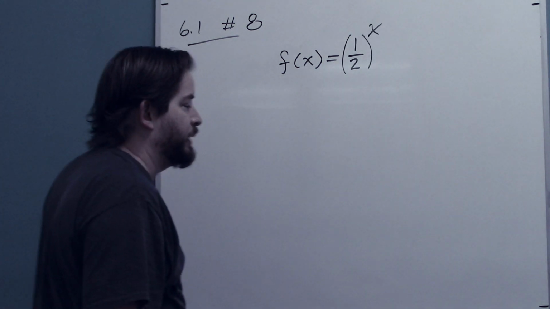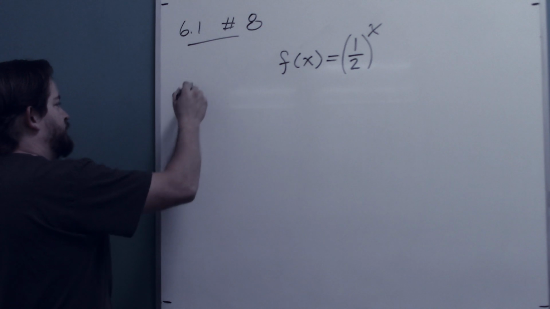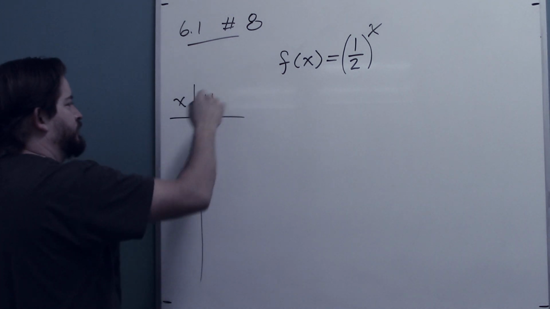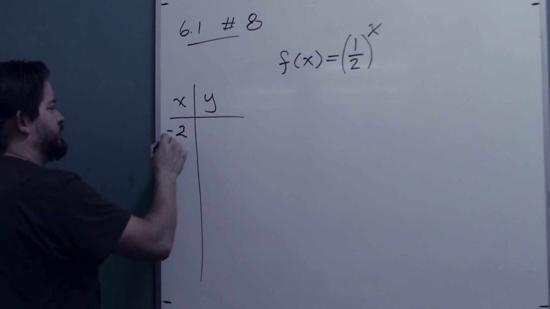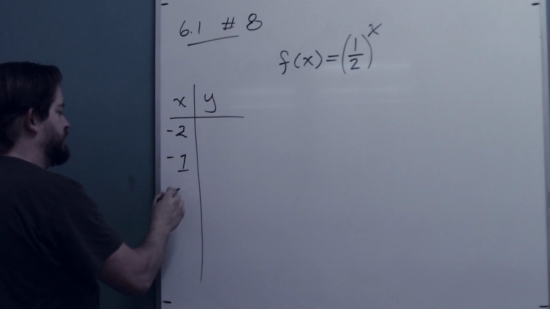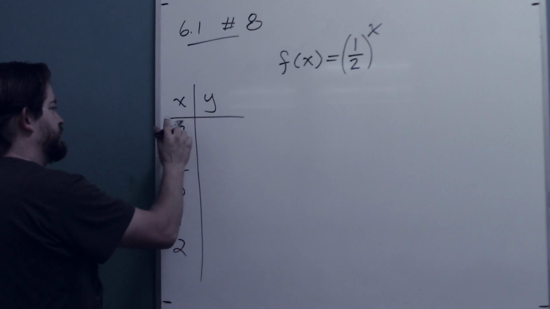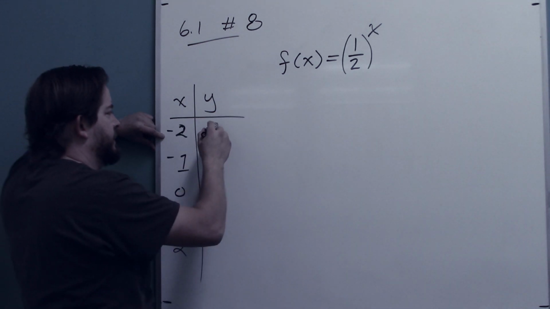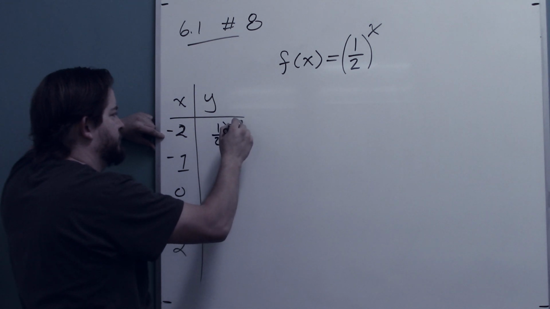So if you have to do this by hand, it's convenient to just grab a few x values and figure out their y values or their f of x values. Just a couple like negative 2, negative 1, 0, 1, and 2 will work. Right? But if x is negative 2, then y is 1/2 to the negative 2.